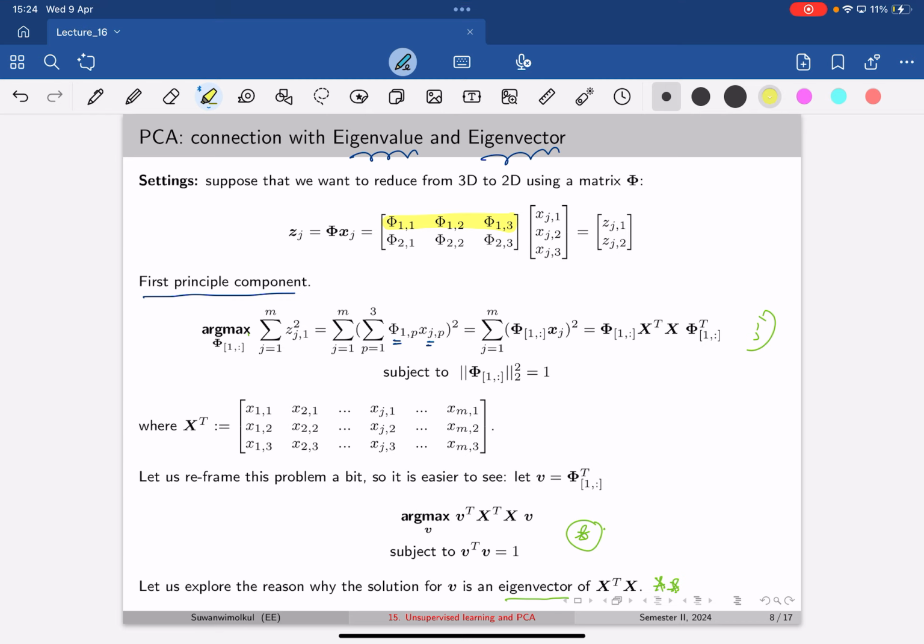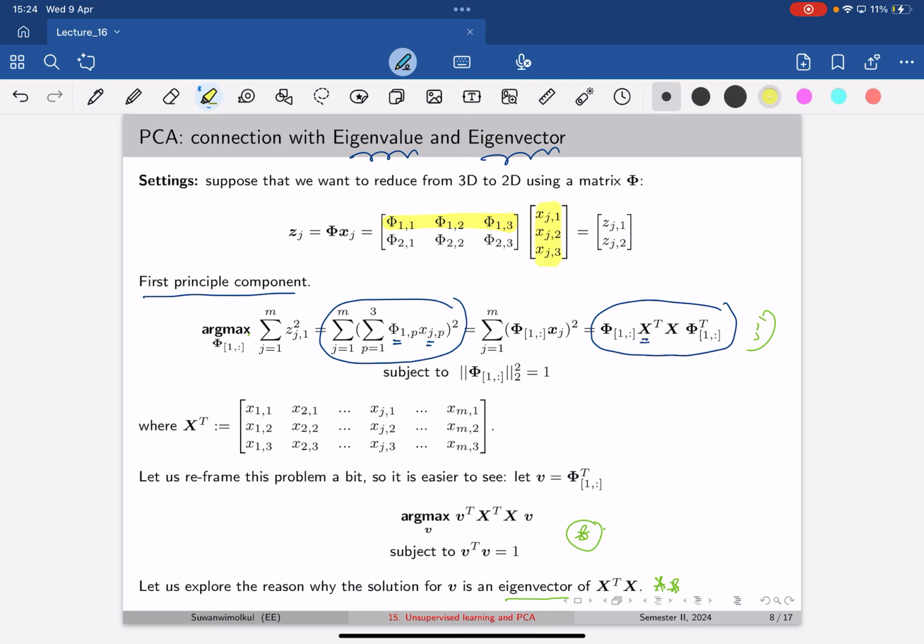In order to reshape from this term into this vector matrix projection, we make a little tweak. We concatenate our training data samples together, where this one is xj, just one sample.